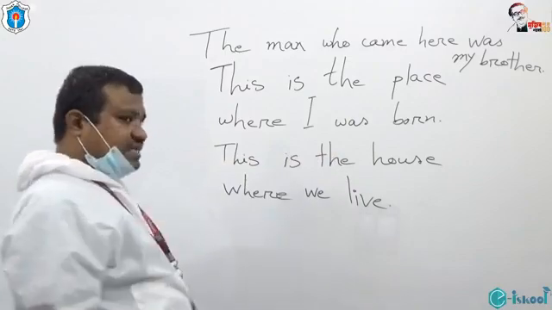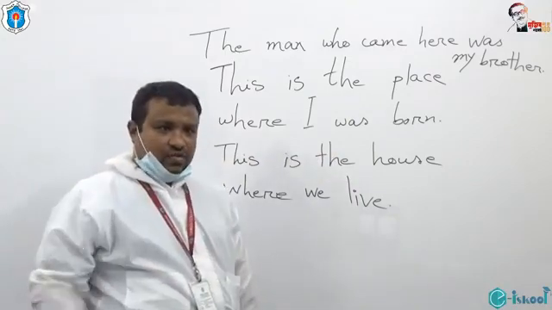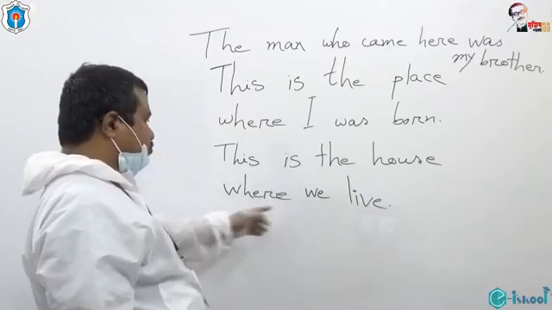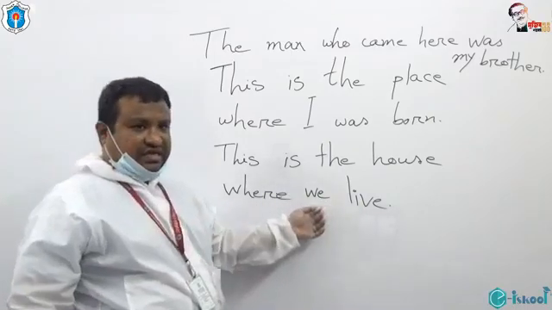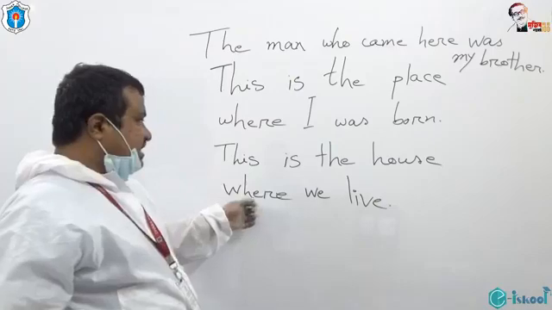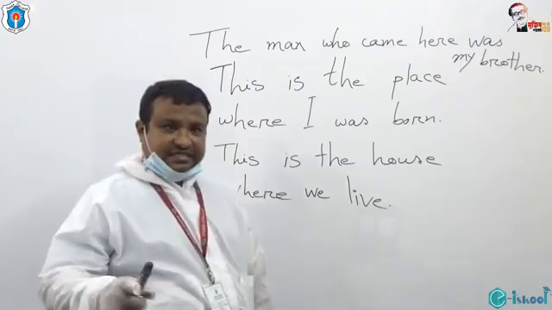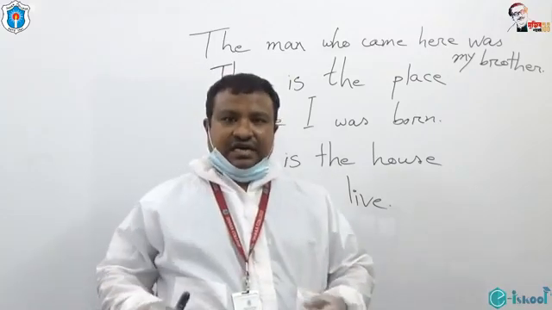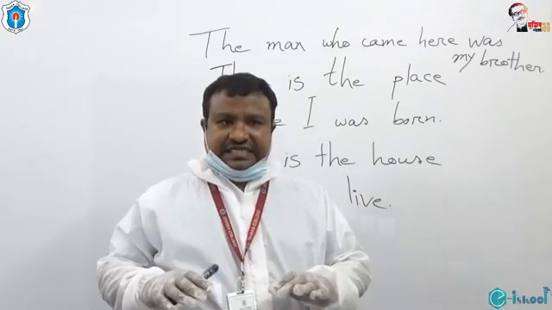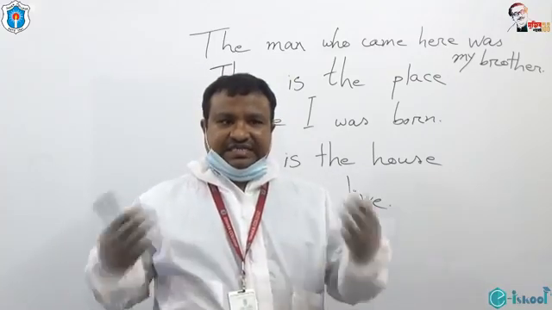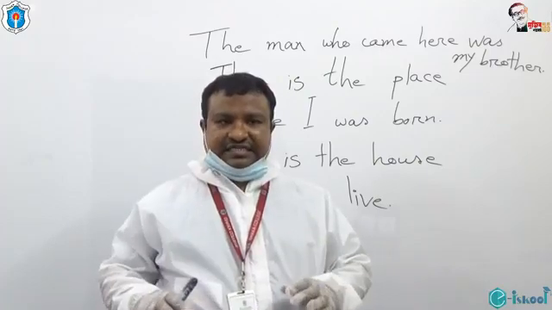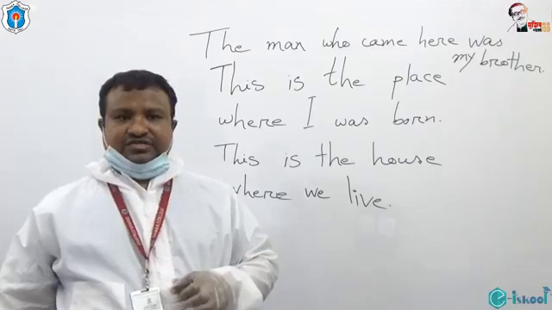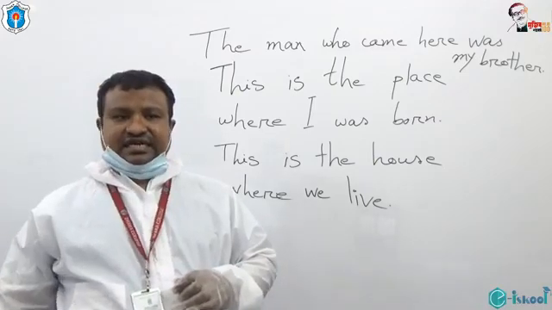It is in the past tense, while we are saying this is the house where we live. It is in the present tense. So we can't say there are very rigid rules of using the tense when we are completing a sentence where there is a relative pronoun.